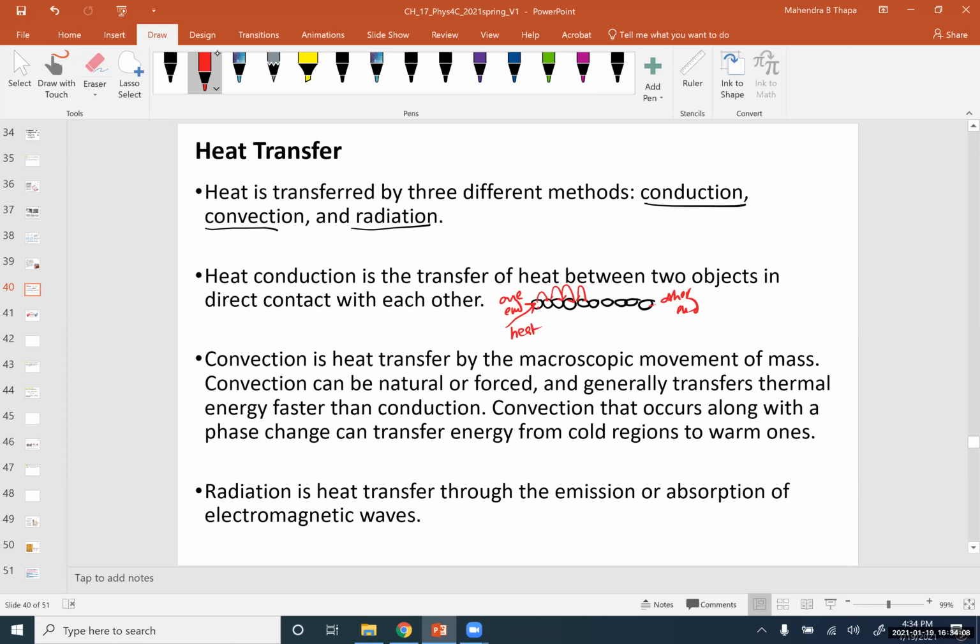But the particles remain in their own positions. This means there is no motion of particles of the medium.